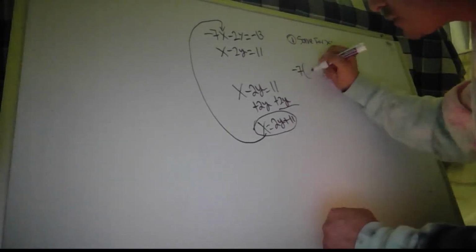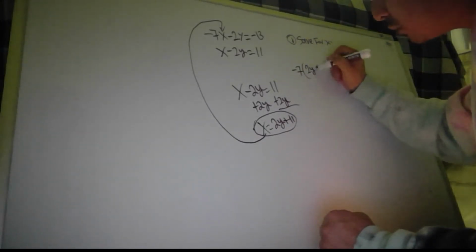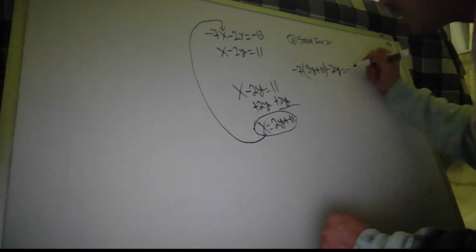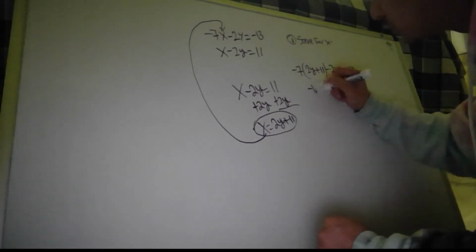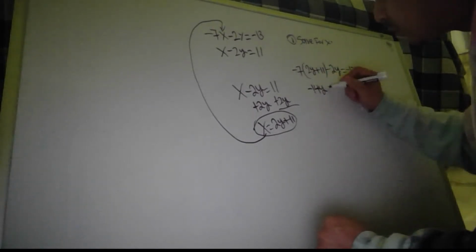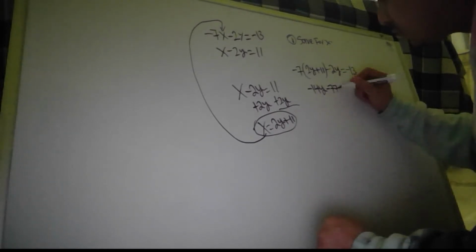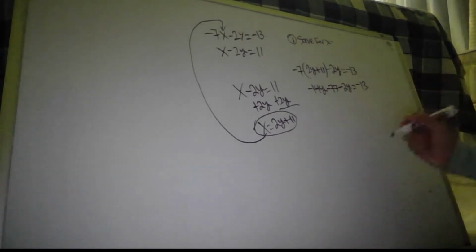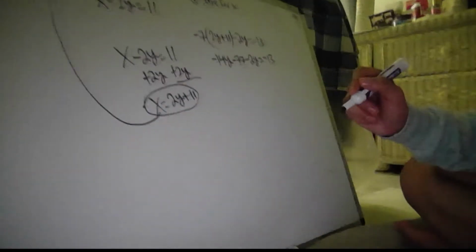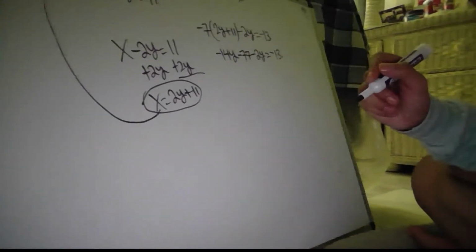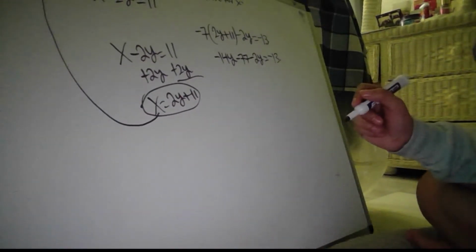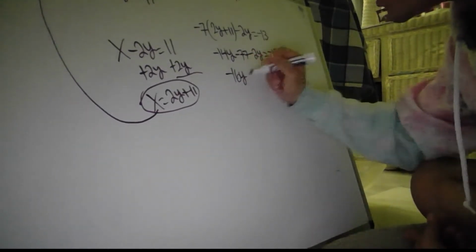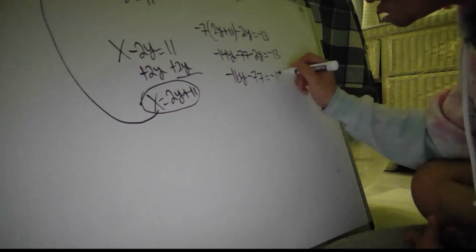Negative 7 times the quantity 2y plus 11 minus 2y equals negative 13, right? Negative 14y minus 77 minus 2y equals negative 13. Negative 16y minus 77 equals negative 13.